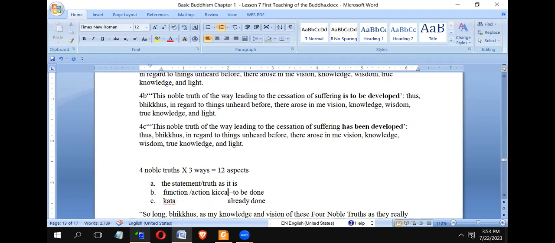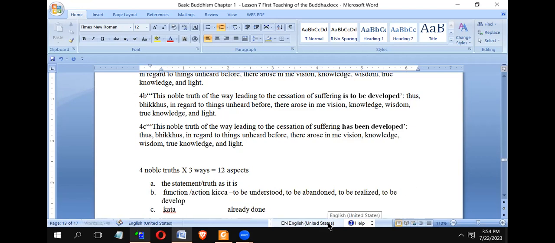So the first one is to be understood. First Noble Truth, to be understood. Second Noble Truth, to be abandoned. Third Noble Truth, to be realized. And the last one is to be developed.